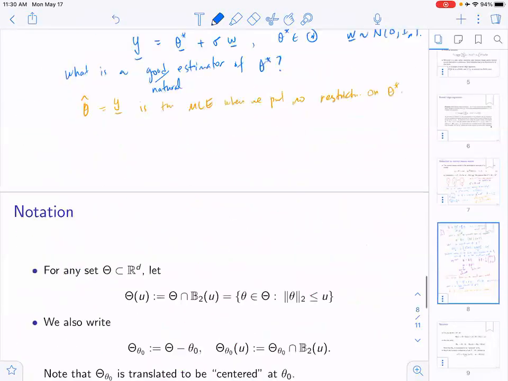So the James-Stein estimator beats this uniformly for quadratic loss, or risk if you want.